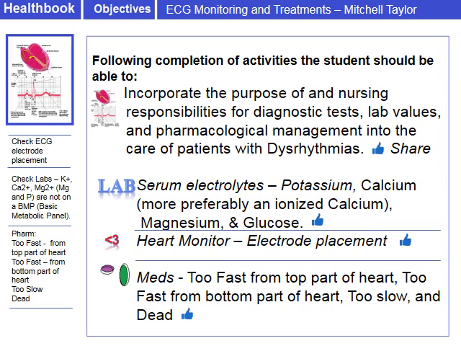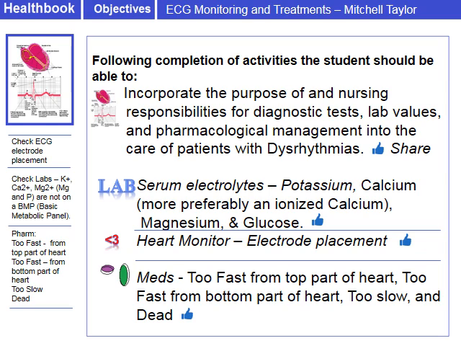Also, incorporating the purpose of and nursing responsibilities for the diagnostic tests, lab values, pharmacological management into the care of the patient with dysrhythmias. Lab pops up and says, hey, don't forget us, serum electrolytes like potassium, calcium. We'll talk about the difference between calcium and free calcium, like ionized calcium, magnesium, and glucose.